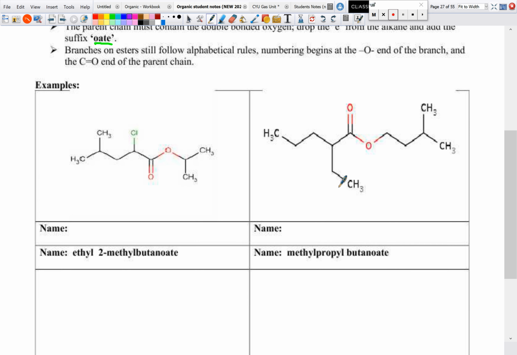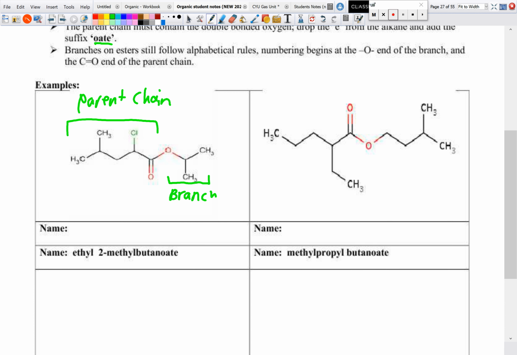So we have our first one right here that we can see. Now, as I kind of mentioned before up there, the carbons attached to this oxygen right here, so that means this part right here is considered my branch, and all this down here is considered my parent chain.